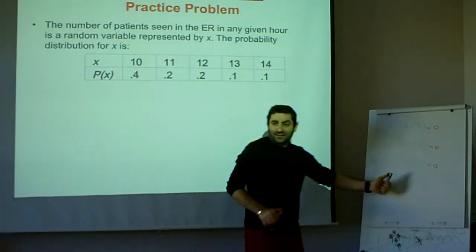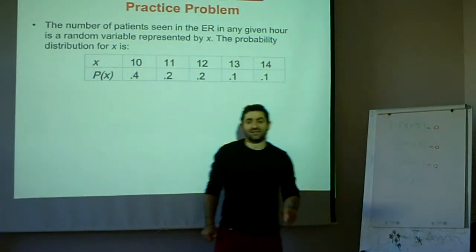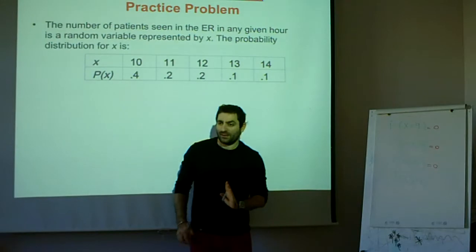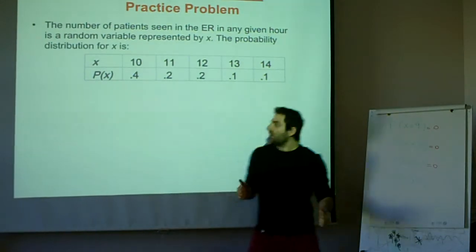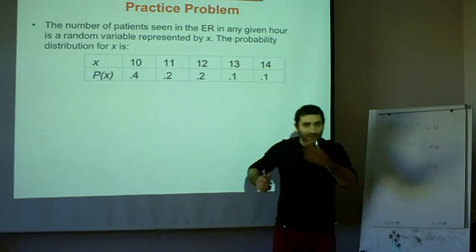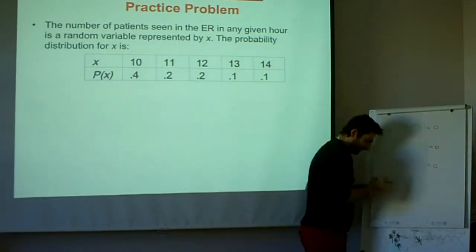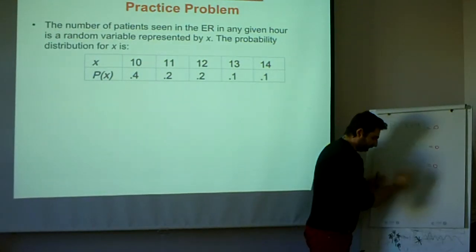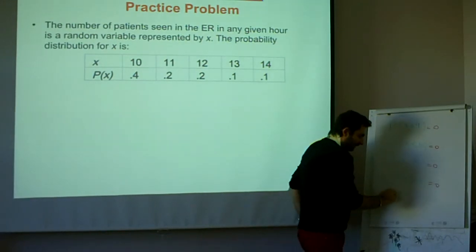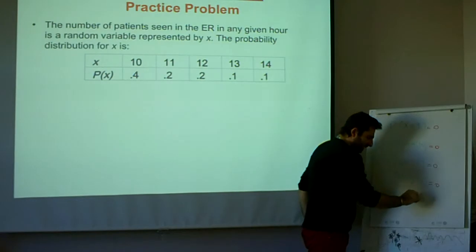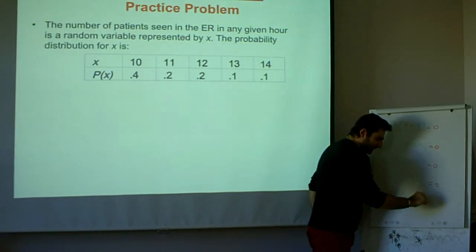What about the probability of x is greater than 14? It means that we start with probability of x is 15 plus 16 plus 17 and so on. And we know that starting from 15 till plus infinity we are 0. What about the probability of x is less than 17?